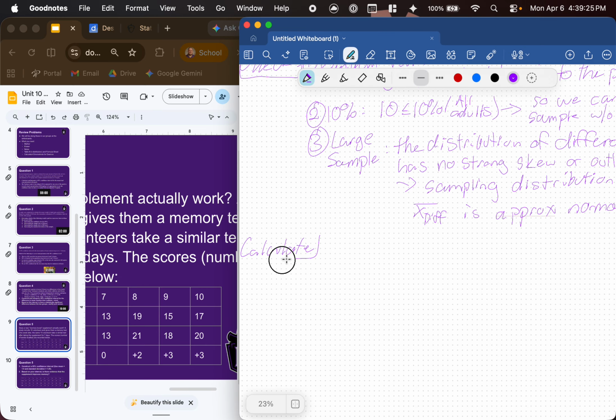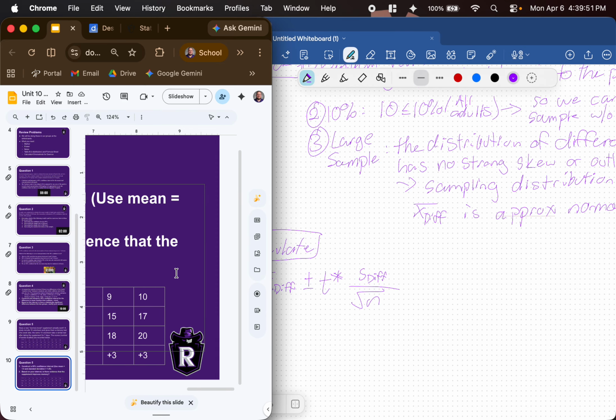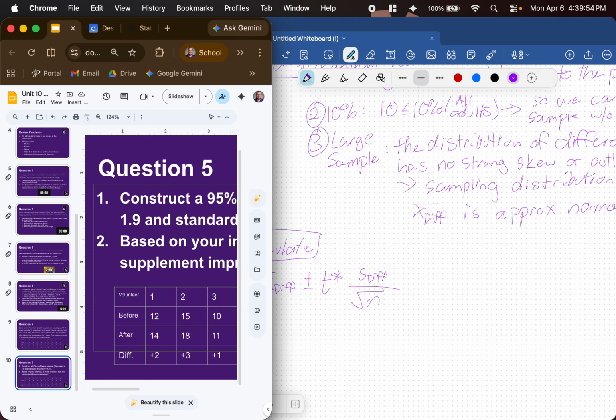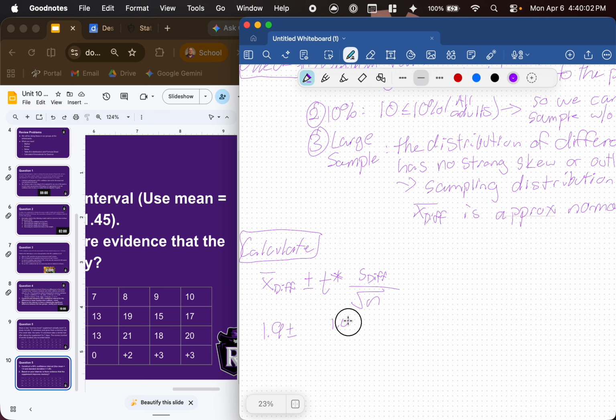Let's now calculate. Again, we're going to do x-bar difference plus or minus our t star, times the standard deviation of differences over the square root of our sample size. Here we can see, if we go to the next one, we're going to use a mean of 1.9. So let's fill in 1.9 plus or minus. We'll come back to t star. Standard deviation of 1.45 over the square root of our sample size of 10.